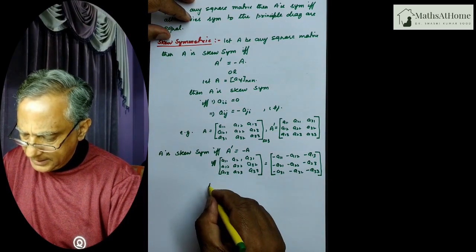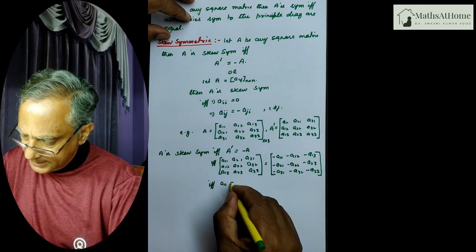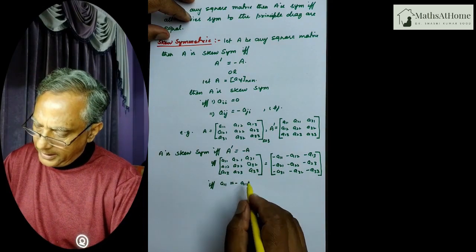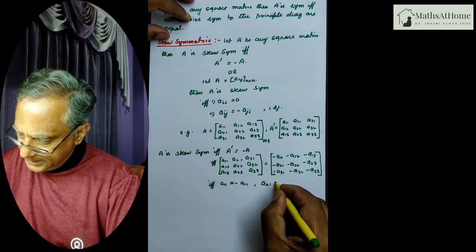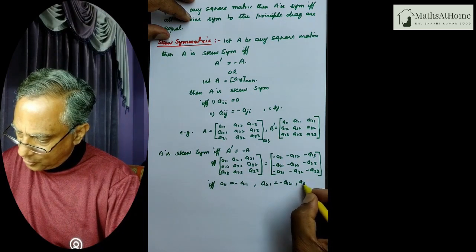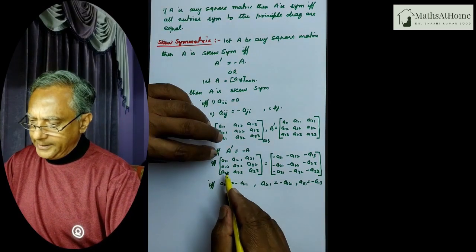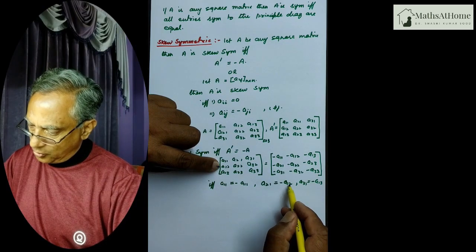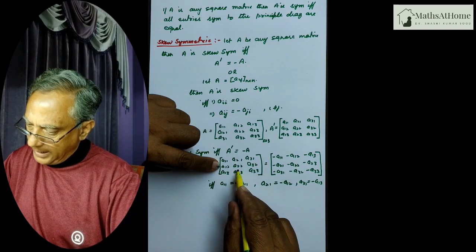So what we get is, if and only if A11 is equal to minus A11, A21 is equal to minus A12, A31 is equal to minus A13, and here we get A12 is equal to minus A21. This is same as this.